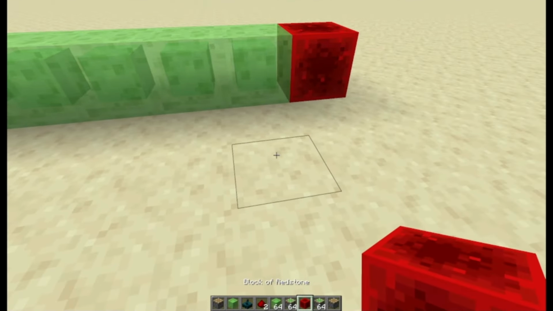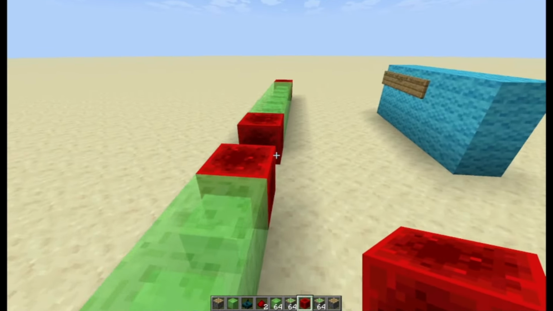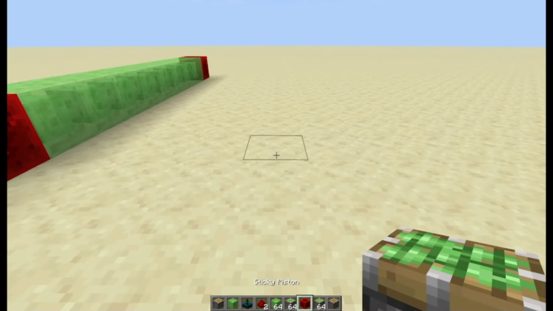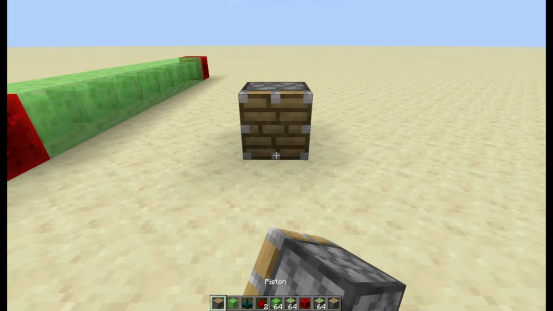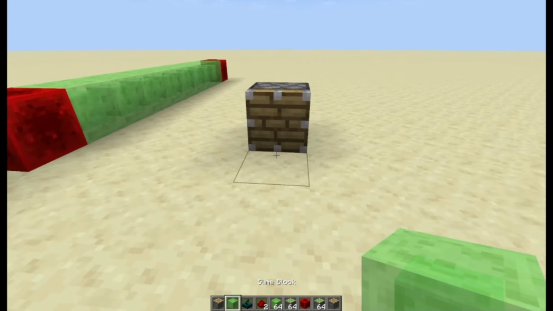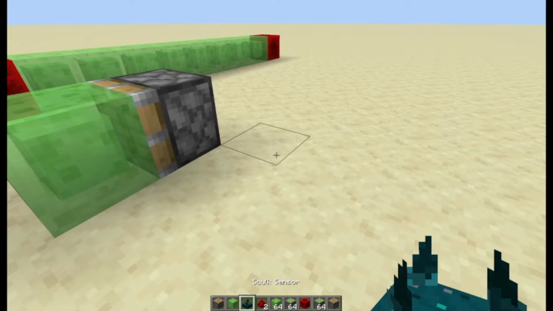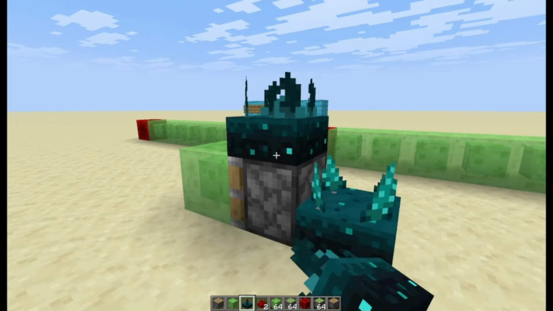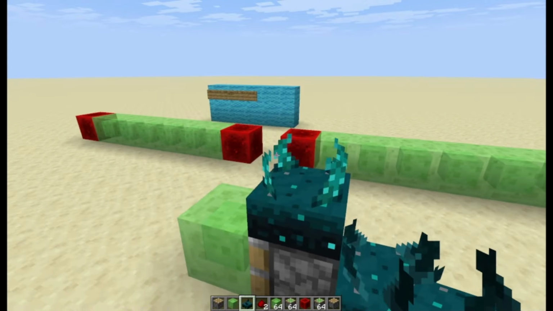Since we are still brainstorming how we're doing it, we can experiment with some other stuff. We'll throw down a piston because I'm really thinking that at this point we are just going to have to make a flying machine. Basically, that's what it's going to end up being. And if I do this and I throw a Sculk sensor on the back of this, why isn't it powering?